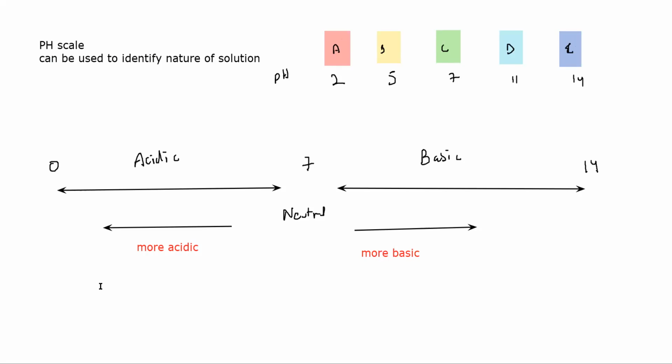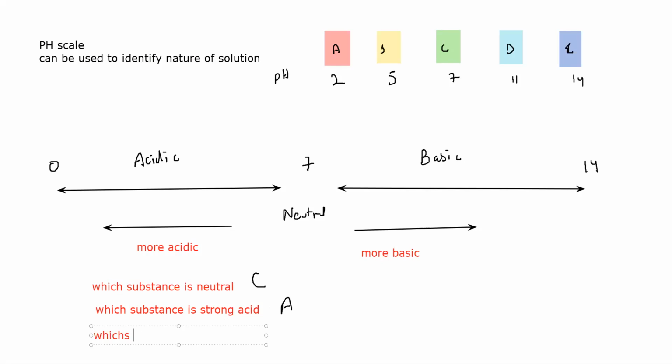Now the question is, which substance is neutral? Substance C. Substance C is neutral because it has a pH of 7. Which substance is a strong acid? Substance A, because it has the lowest pH; the substance with a lower pH is a strong acid.